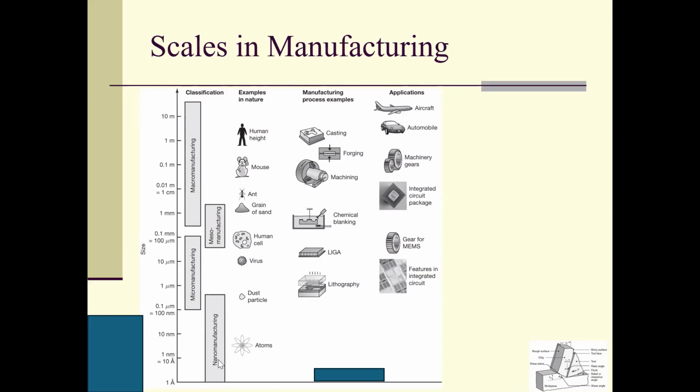This is nanotechnology, nano manufacturing, this is micro manufacturing, meso manufacturing, and this is the micro. This is the micron machining. So this is an example in nature, manufacturing processes, these examples. And so these are applications. So what scales matter, very important in terms of manufacturing processes and also the costs.